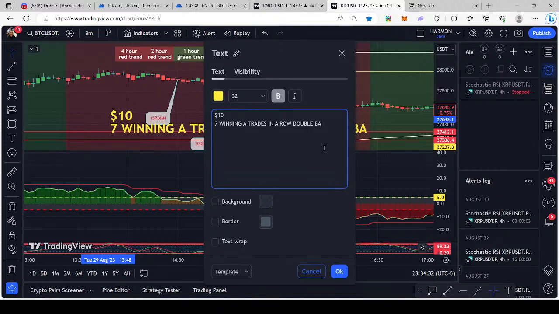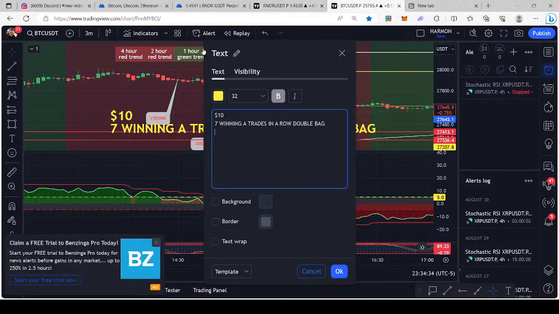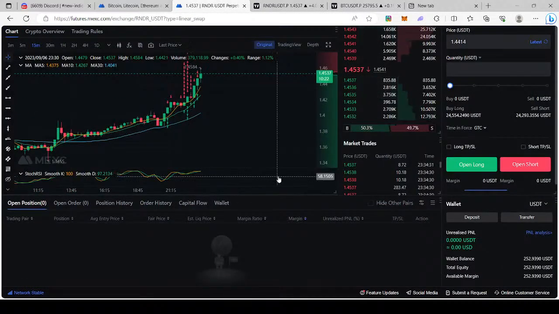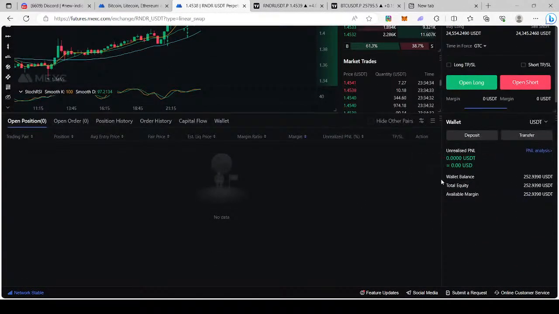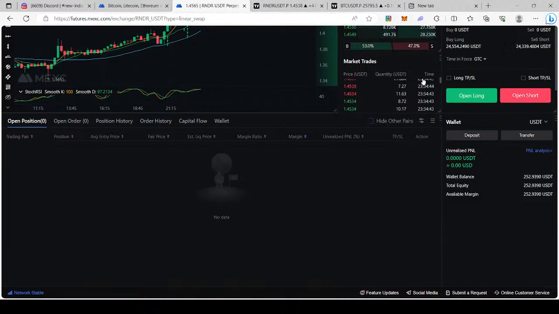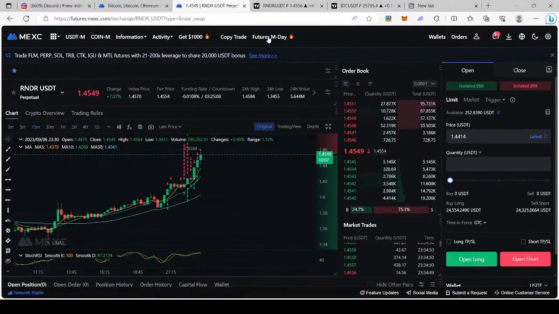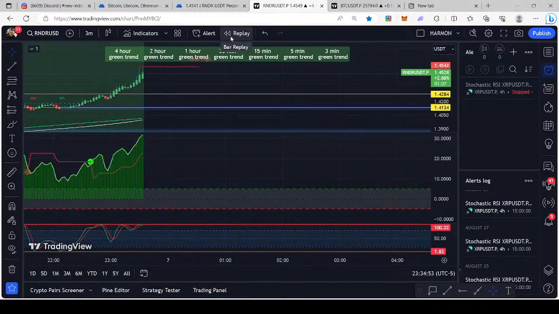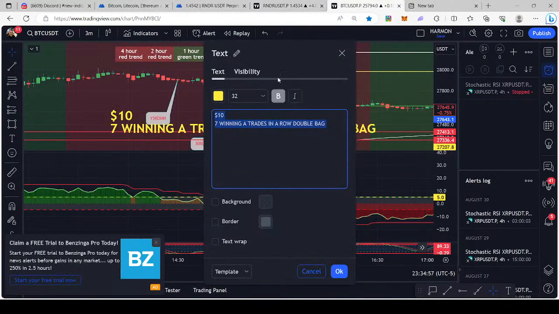Okay, what does that mean? That means that you start off, you start trading. So for instance, right now in this bag, my wallet balance is $252, which means I currently have a $252 trading bag. When I make these trades tonight, I'm going to be using a $250 trading bag. Now, how we break it down is simple.